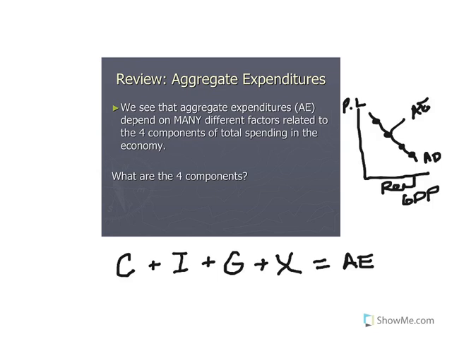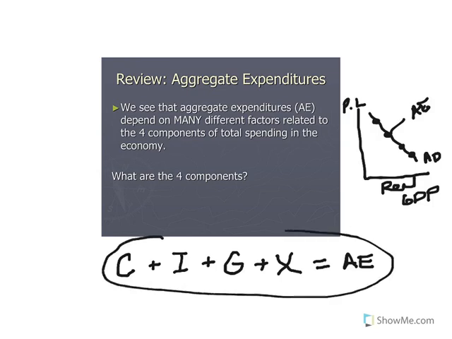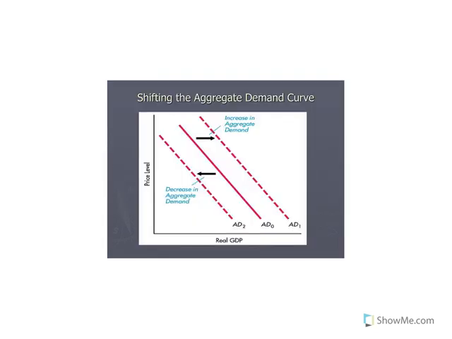And anytime one of the factors related to the different sectors within the economy changes, what we call the non-price determinants, that could cause the entire aggregate demand curve to shift. So again, we see something like this. Aggregate demand can either be increasing or decreasing anytime one of those non-price determinants is changing.